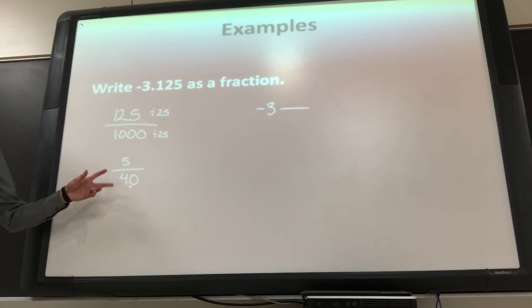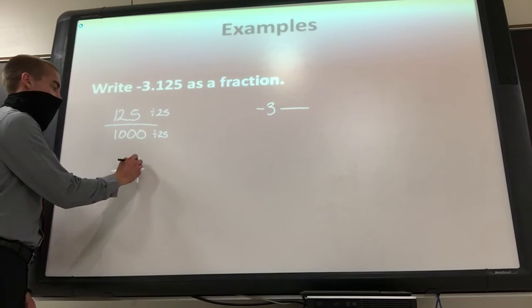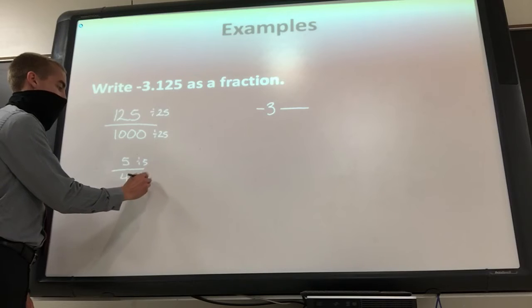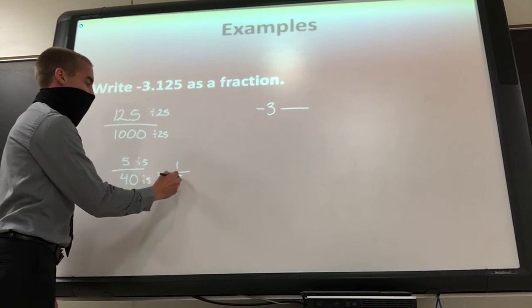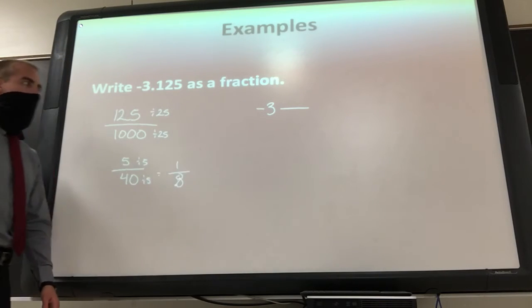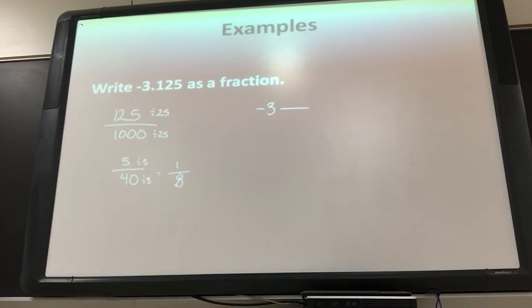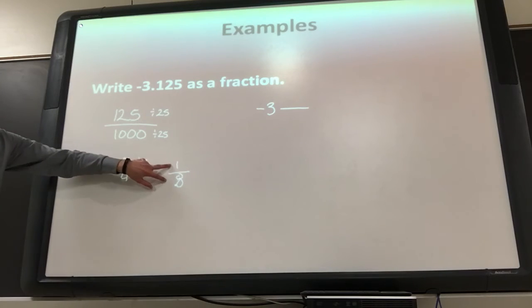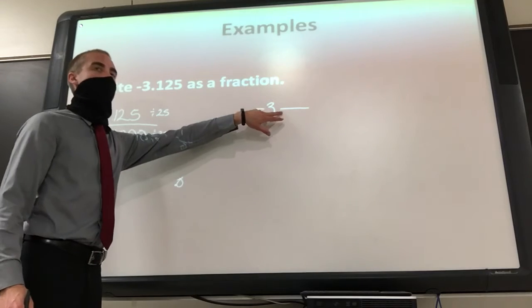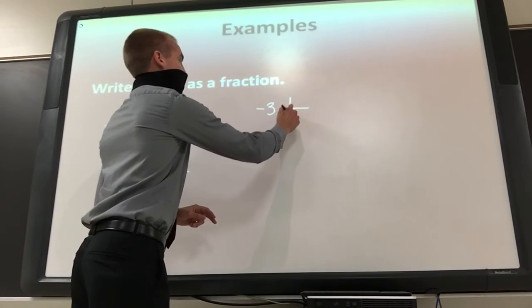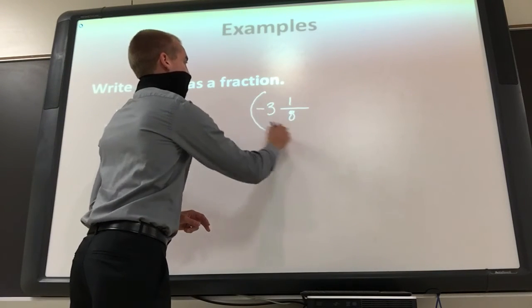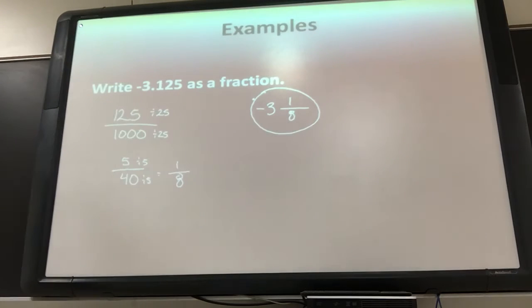Divide this by 5 again, which gets us 1 over 8. So now, put this 1/8 back up in our answer, because it needs to be -3 and 1/8. And that is our mixed number.